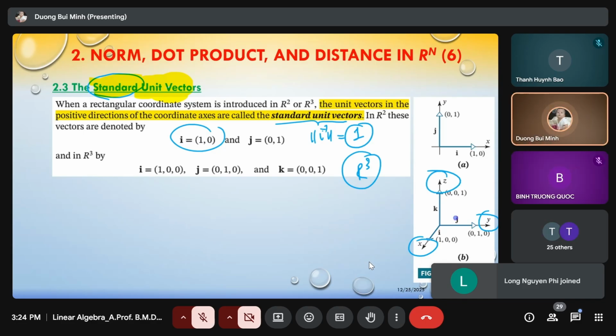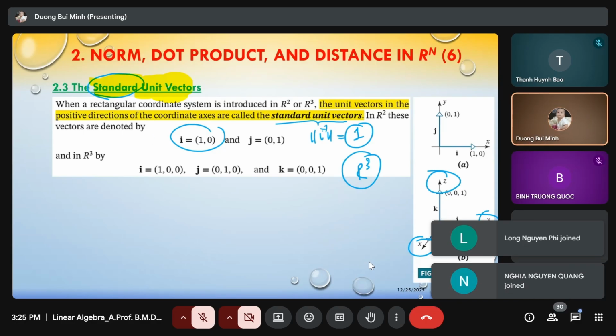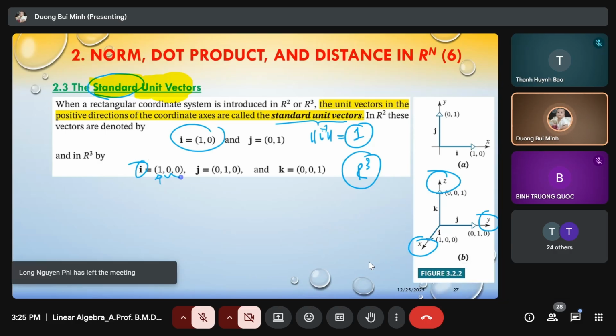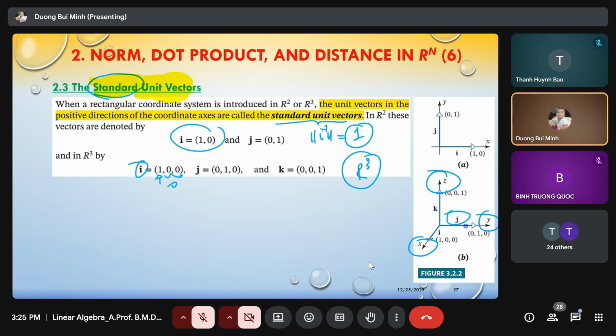Because we have 3 axes, we have 3 standard unit vectors. Vector i implies the x-axis, so the first element becomes 1, the other will be 0. j represents the y-axis, so the second one will be 1, the other will be 0.